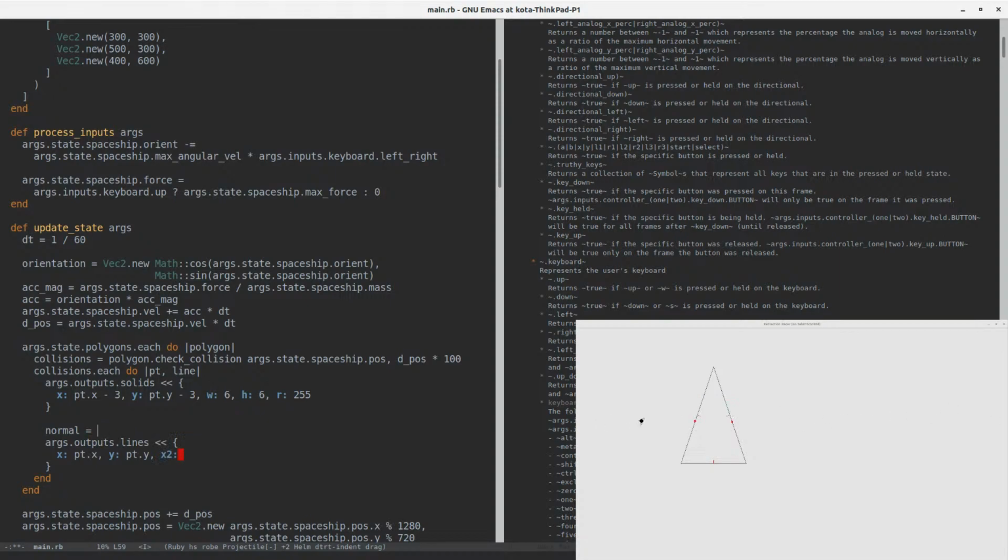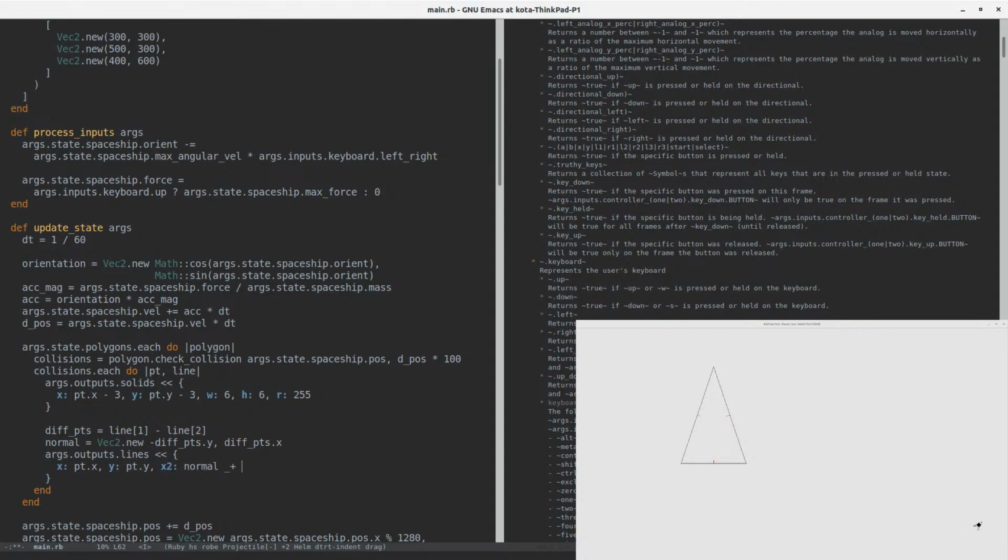Line 1 minus line 2 is our diff points, and our normal is equal to Vec2.new on diff points.y and diff points.x. And so now we can do point plus normal dot x, and y2 is point plus normal dot y, and we'll actually divide this by the magnitude of diff points.